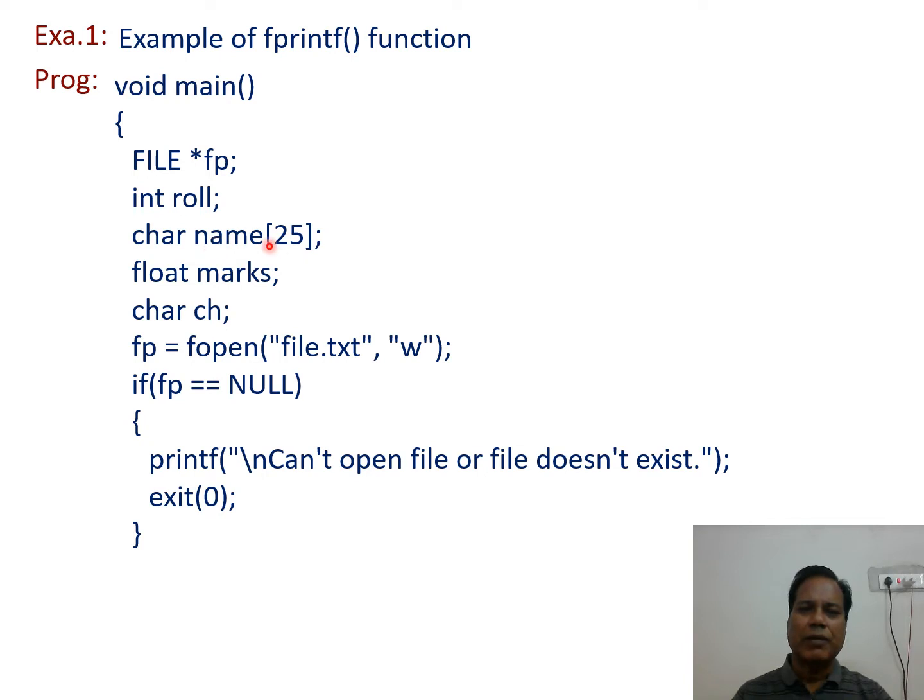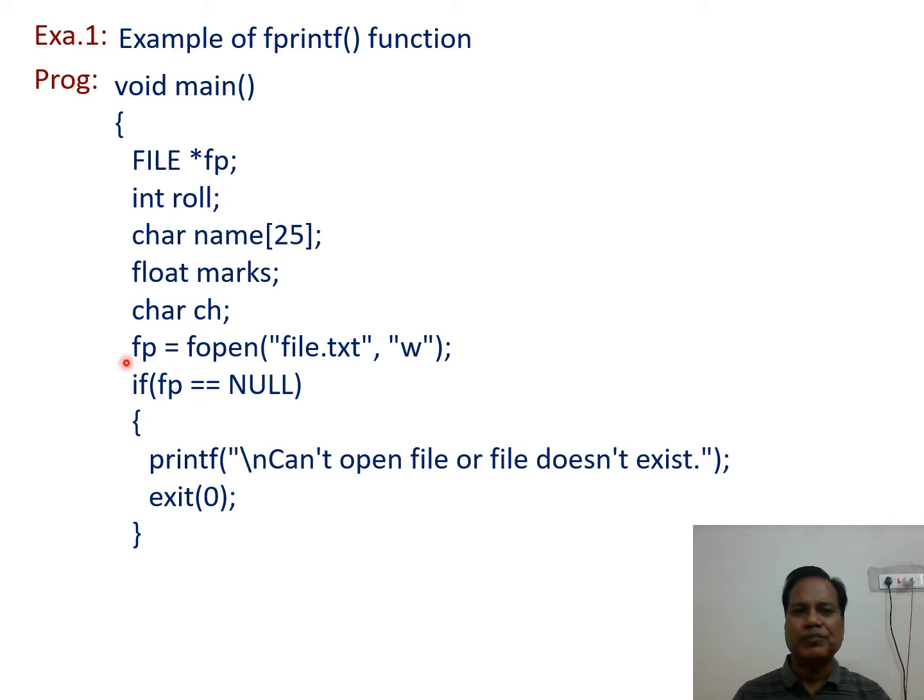Its name is name, and it can contain 25 characters. Then float marks; This statement declares the float variable marks, and the next statement, char ch; declares the character variable ch.